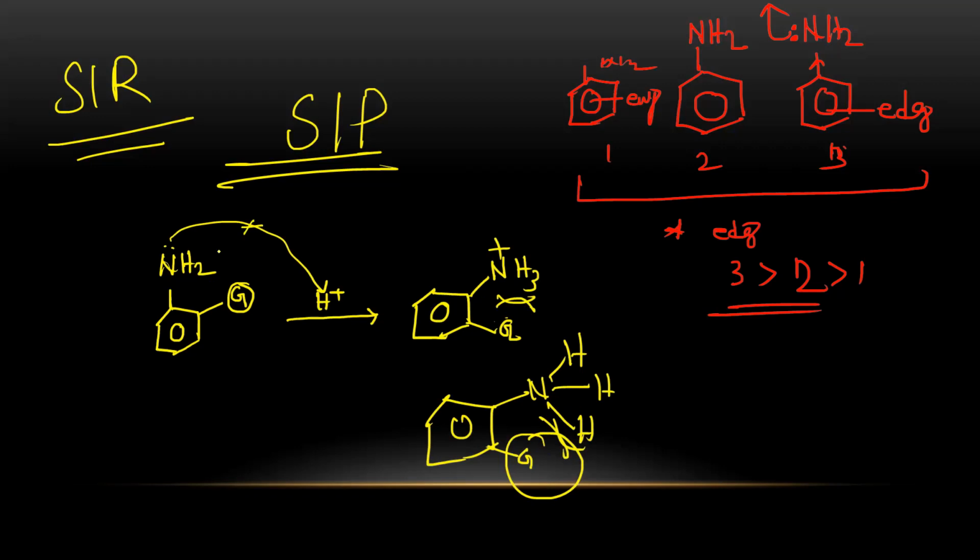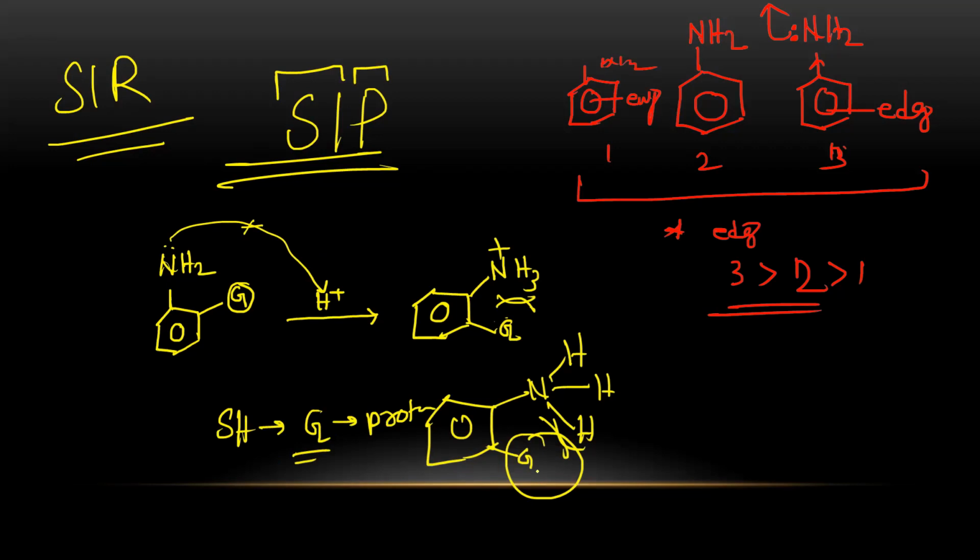If the G group is bulky, then it will not allow this aniline molecule to abstract a proton, because abstracting a proton will generate a lot of steric hindrance. So basically, steric hindrance of the G group is prohibiting the protonation. So it is steric inhibition of protonation.